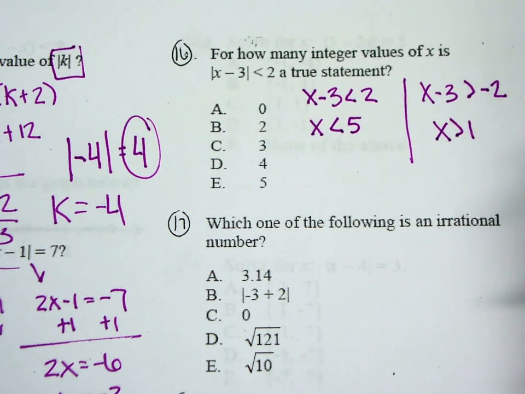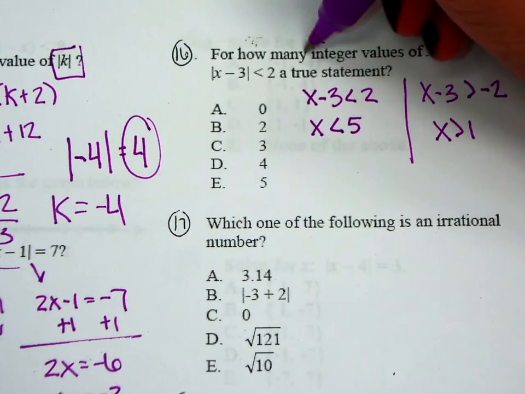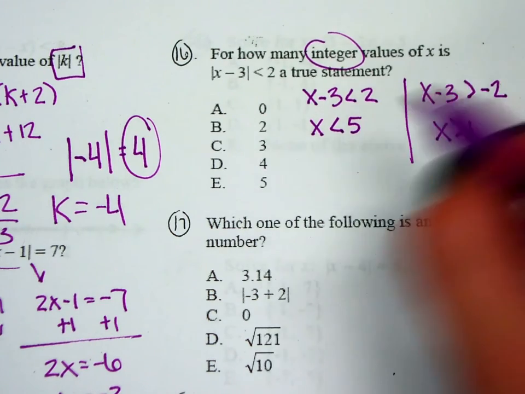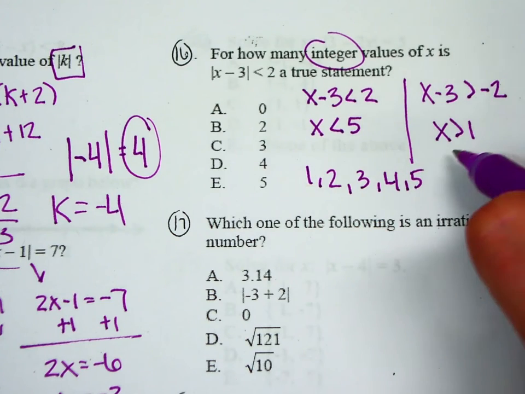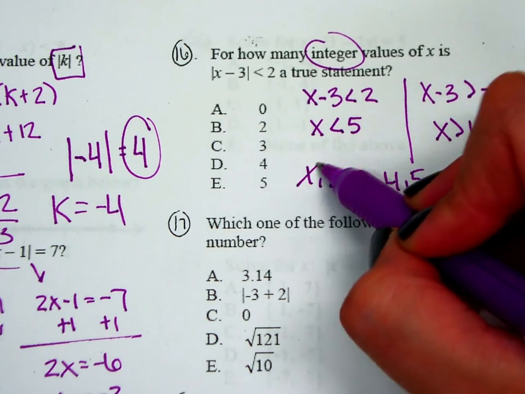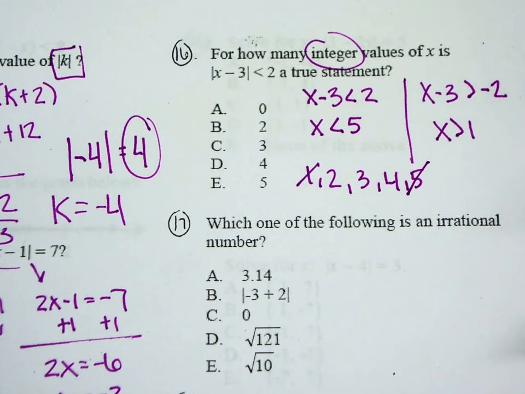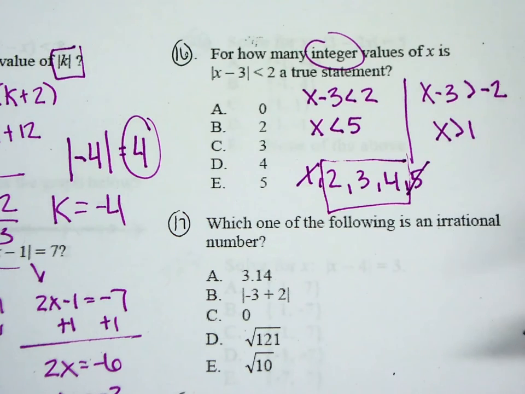So I'm looking for integers greater than 1 but less than 5. If I'm counting, I've got 1, 2, 3, 4, 5. But x has to be greater than 1, which means I can't use that one. x also has to be less than 5, so I can't use that one because they're not inclusive. So I'm only left with 3 integers, which is option C.